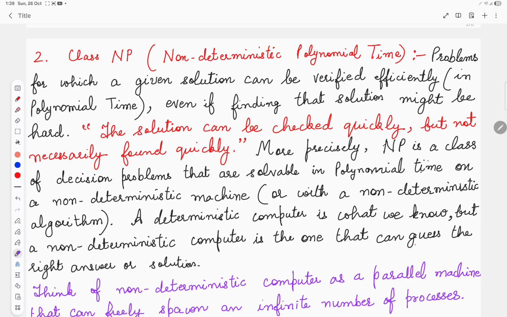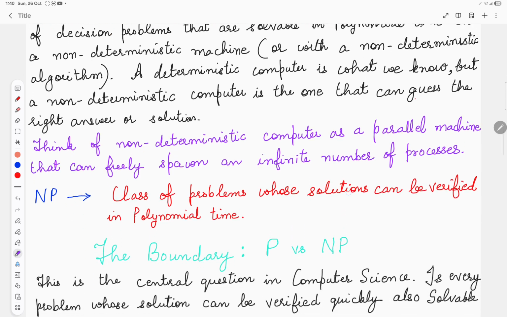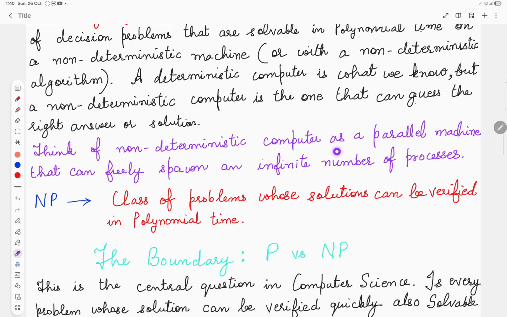At that time you are not sure about the solution, but you are guessing it in the belief that maybe in future this is the solution. So think of a non-deterministic computer as a parallel machine that can freely spawn an infinite number of processes.